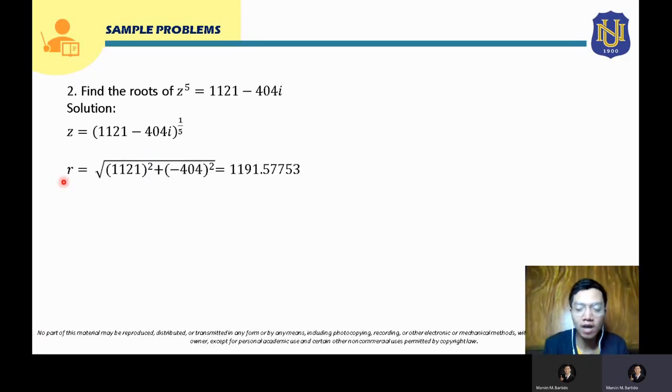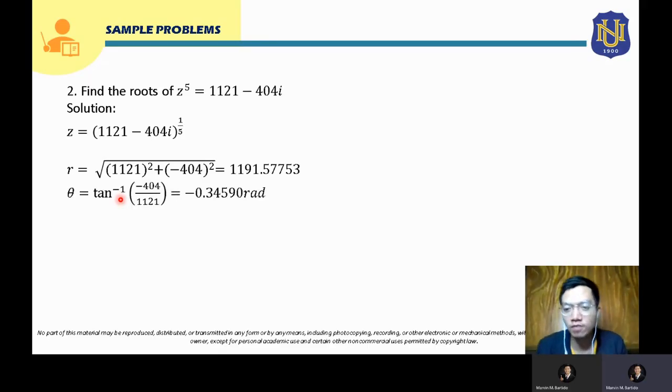The value of your modulus r will just be equal to the square root of 1,121 squared plus negative 404 squared. And that will give you 1,191.57753.